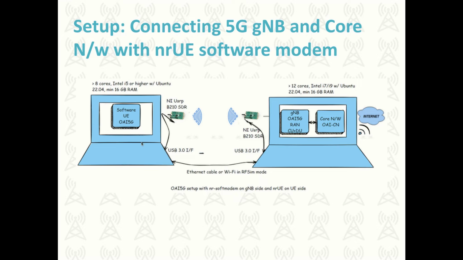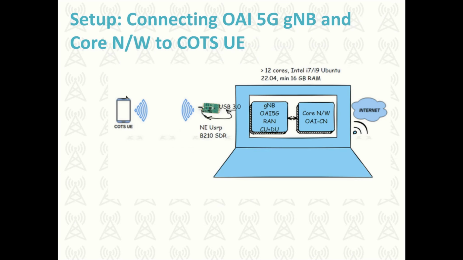Now the hardware requirement for the NR UE can be somewhat lower. Now this one is the most typical combination, and I also use it most of the time. This is the type of setup which I will be using.